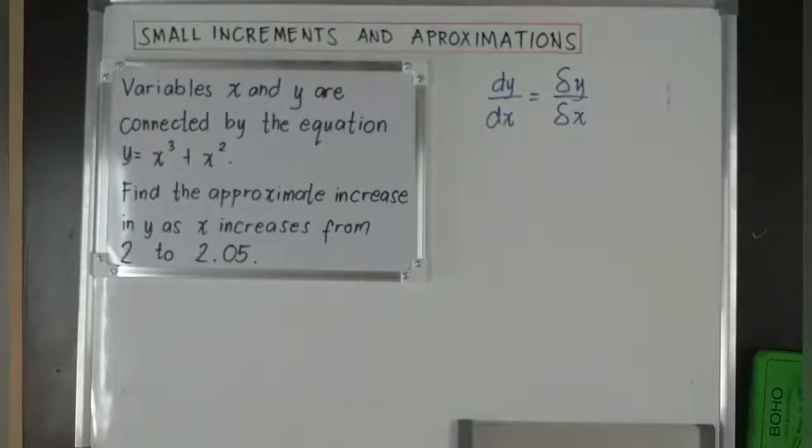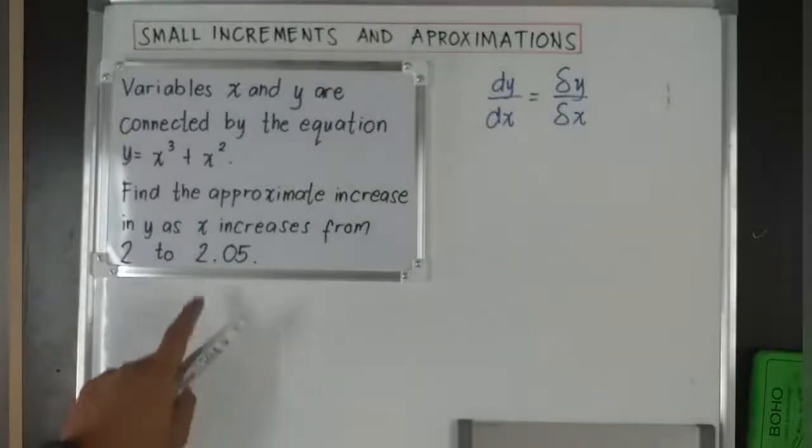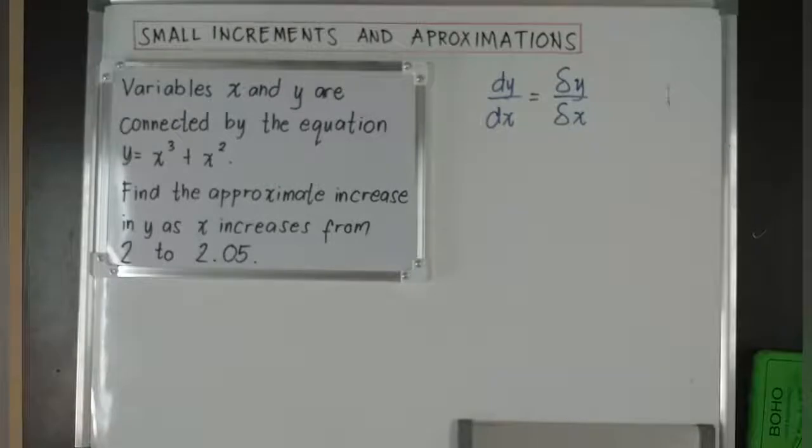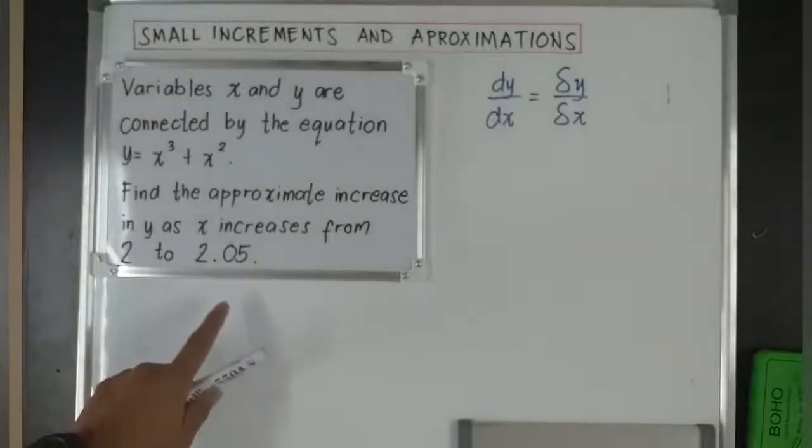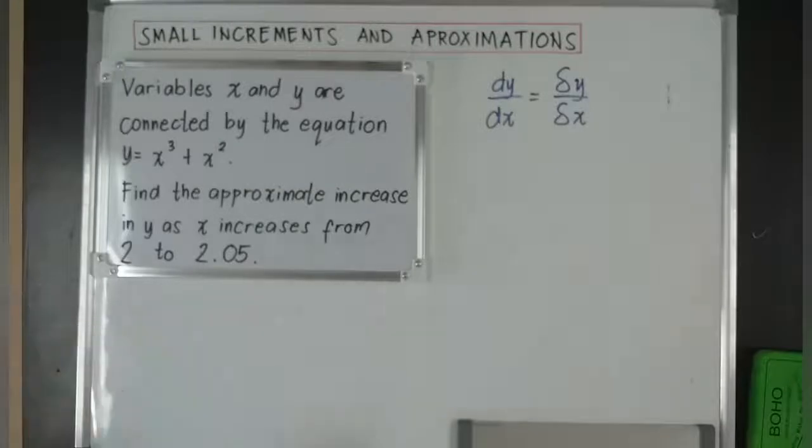So if you notice, and we are going to study this example, it is saying that there is an increase of x. What is that increase of x? From 2 to 2.05, 2.05 minus 2 will give you 0.05.